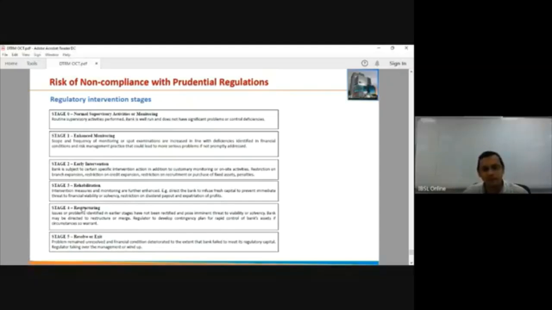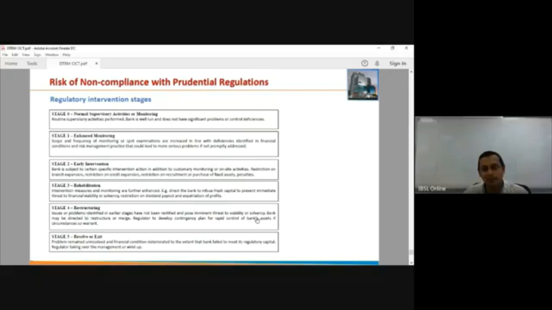If the situation is worse, then we can ask for rehabilitation, like dividend payout restriction. We say, okay, you don't pay dividends, you don't expatriate profits, you don't spend on capital expenditure. If the situation is even worse, then we can tell the bank to merge with another bank. So consolidation, mergers, acquisitions, all that happens.